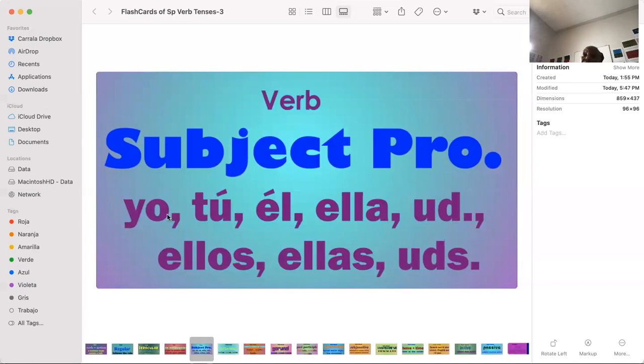When the subject is I, the verb always ends in, and this is for the AR verbs, O. For tú, it ends in AS. For él, ella, and usted, the verb ends in A. For ellos, ellas, ustedes, the verb ends in AN.